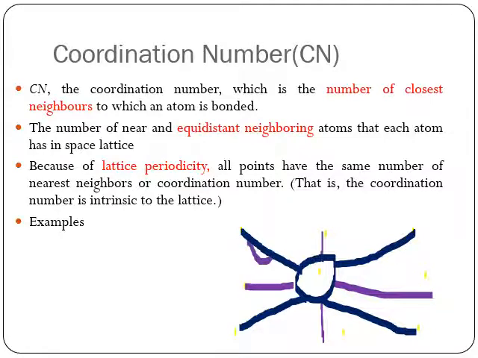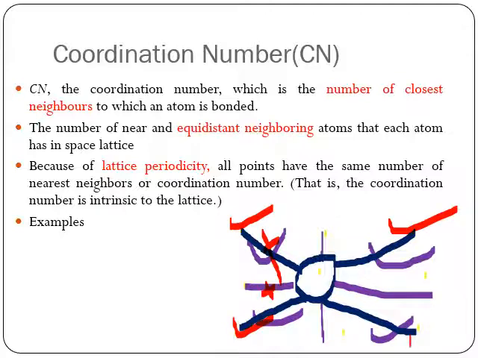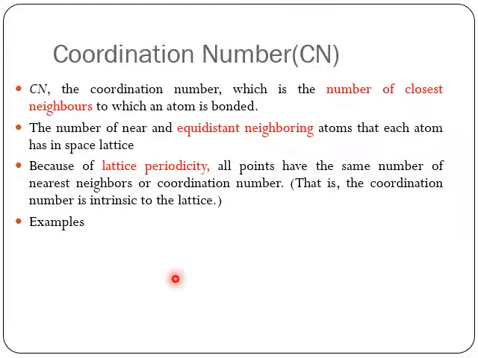So this atom has 4 equidistant neighbors. These are also nearby, but this one is not equal to this one. So these 4 atoms are the closest and equidistant neighbors. Those are called the coordination number. It means the coordination number for this atom is 4. Okay, that's how exactly we can understand the coordination number.